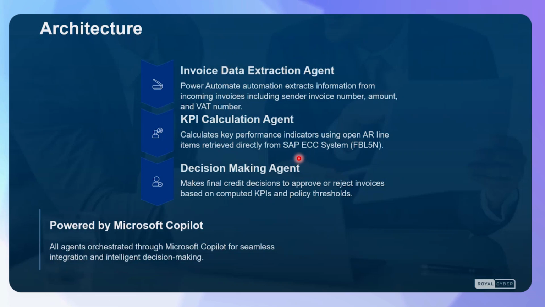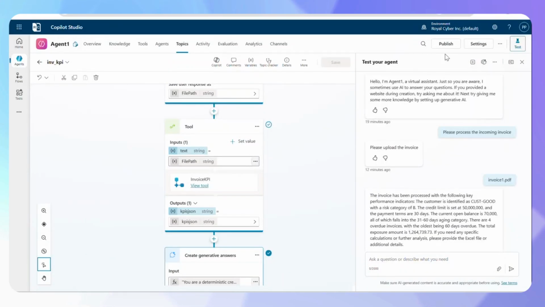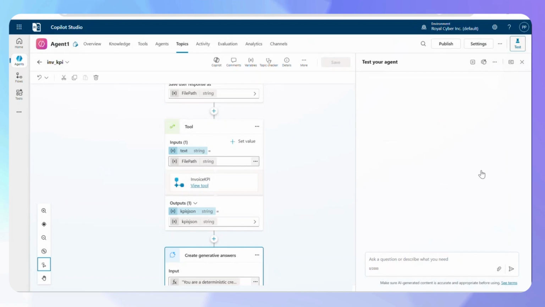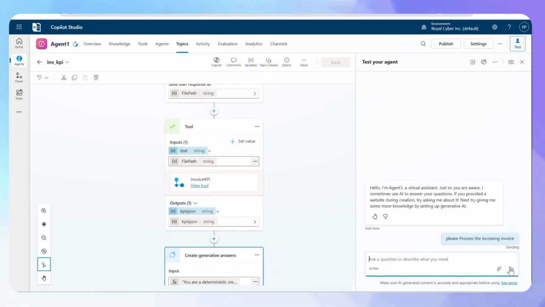So now we will show you the live demo of this particular solution that we have built. If you see here, let me ask our agent to please process the incoming invoice. We will ask this question.